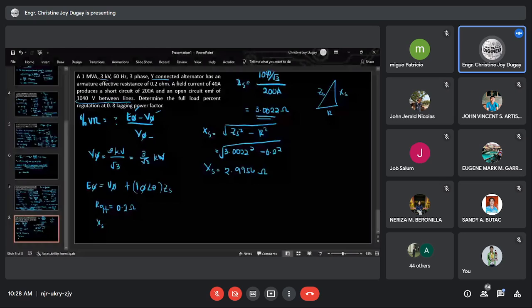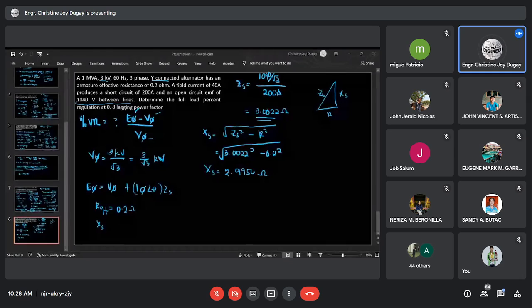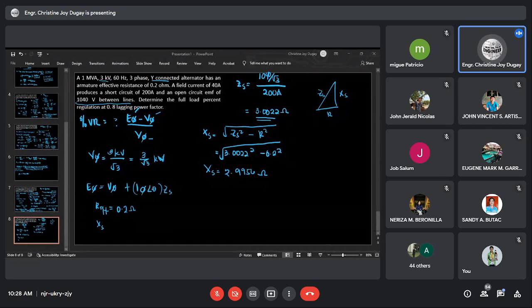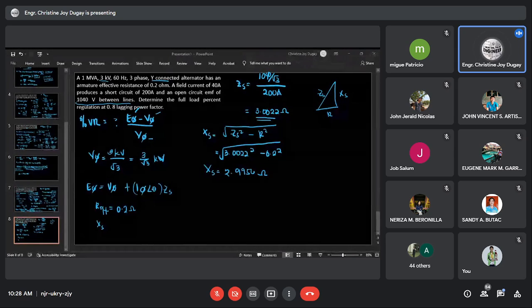Diyan siya applicable yung tinatanong kanina ni Mr. Salom. Since hindi natin alam ang angle ni impedance, hindi natin mahahanap yung value ni reactance. So we are going to apply the Pythagorean theorem or the impedance triangle na tinatawag sa circuit. Yan po siya.